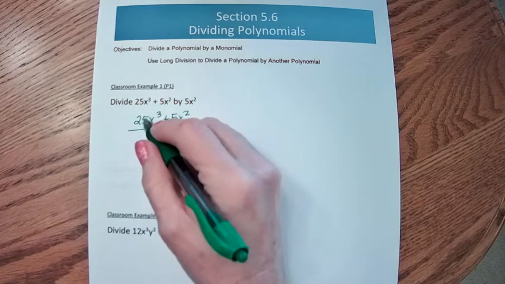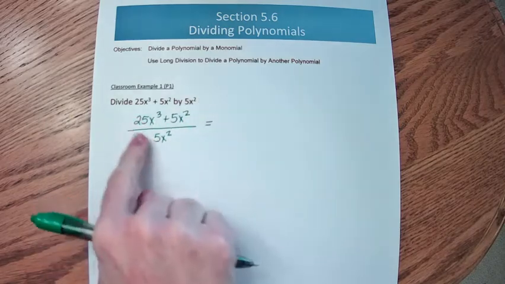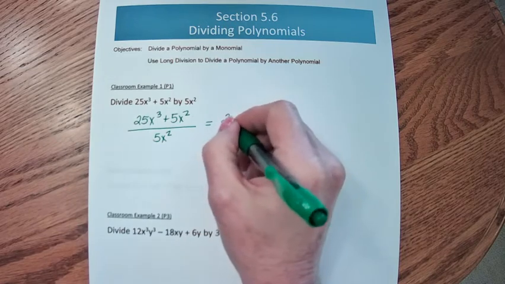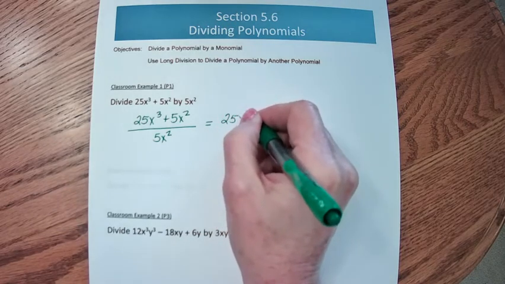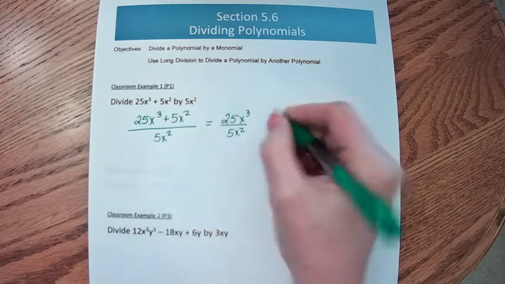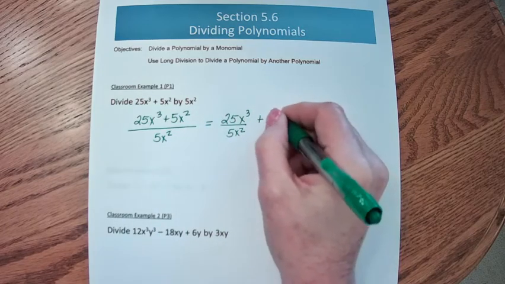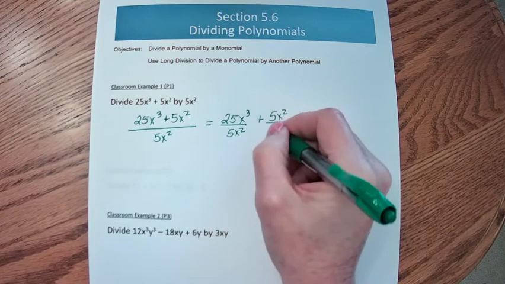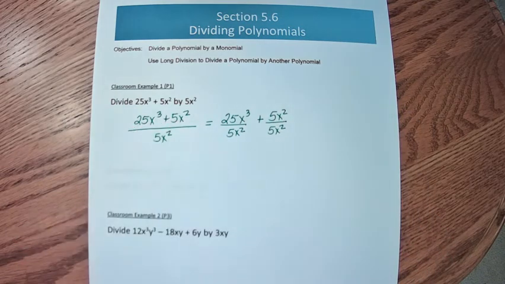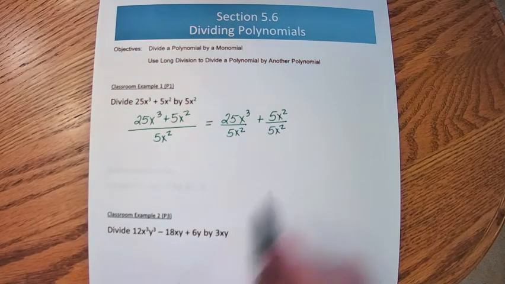So really what we're going to do is divide each term in the numerator by 5x squared. So this is going to be 25x to the third divided by 5x squared, and then we have our plus, and then 5x squared divided by 5x squared. You divide each term in the numerator by the denominator.